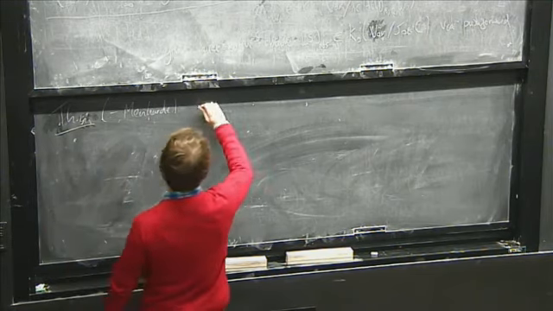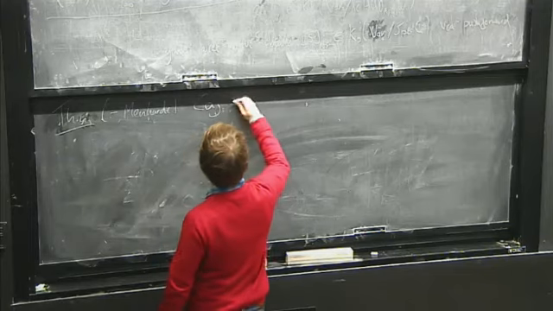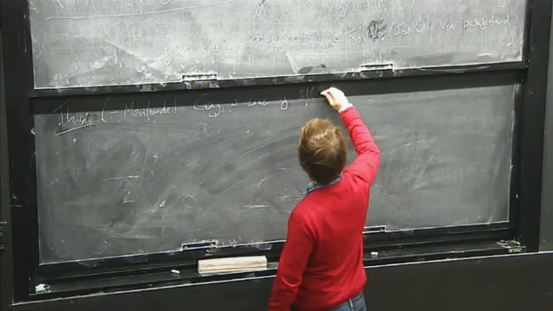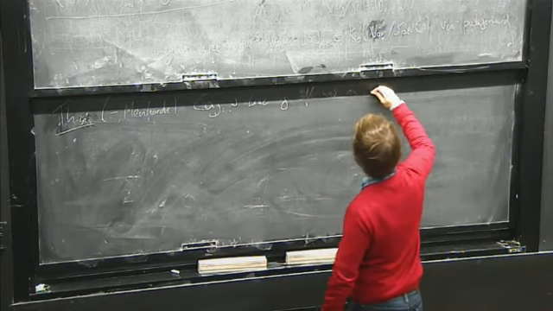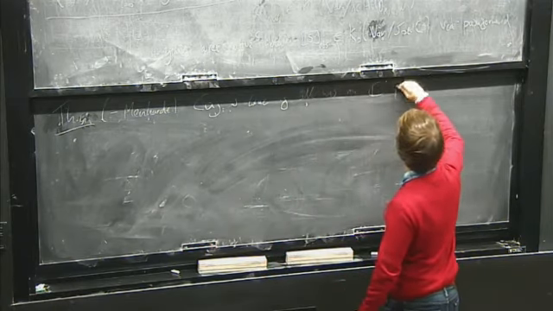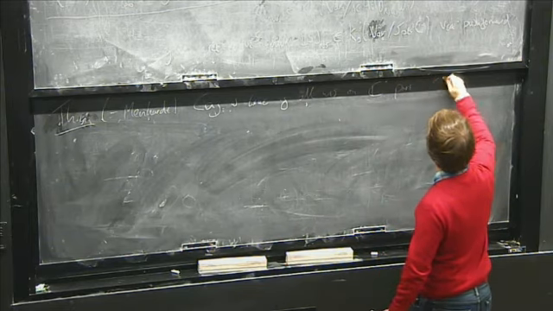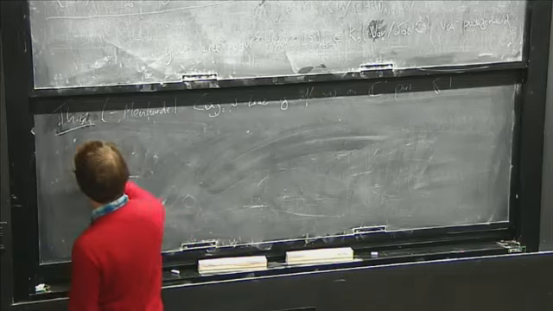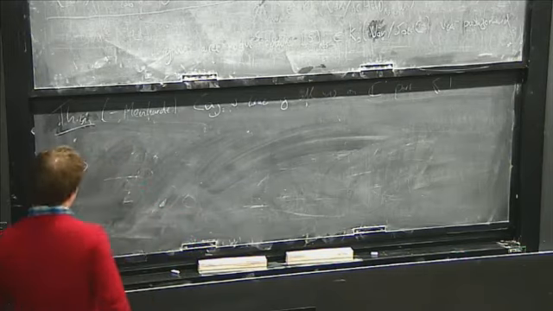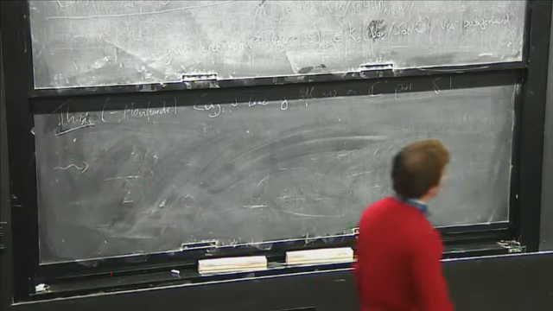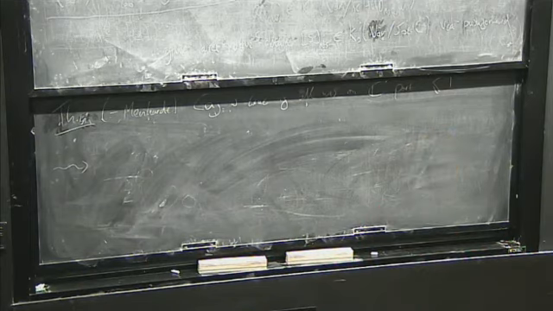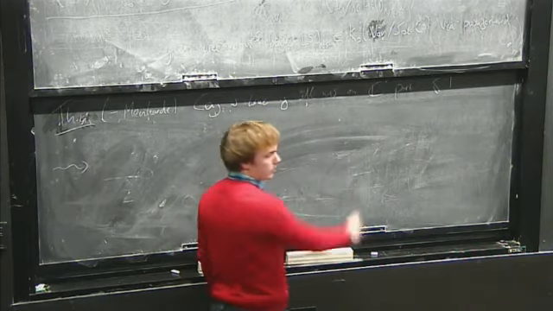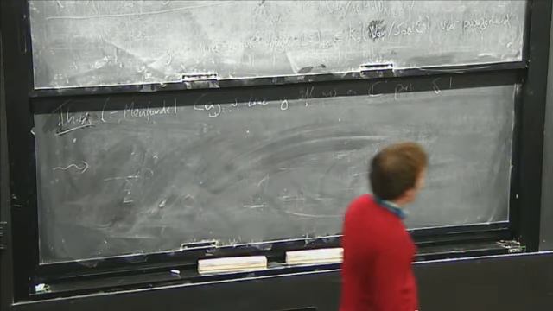The theorem is that the conjecture is true if all the weights on the C to the r part are less than or equal to 1.